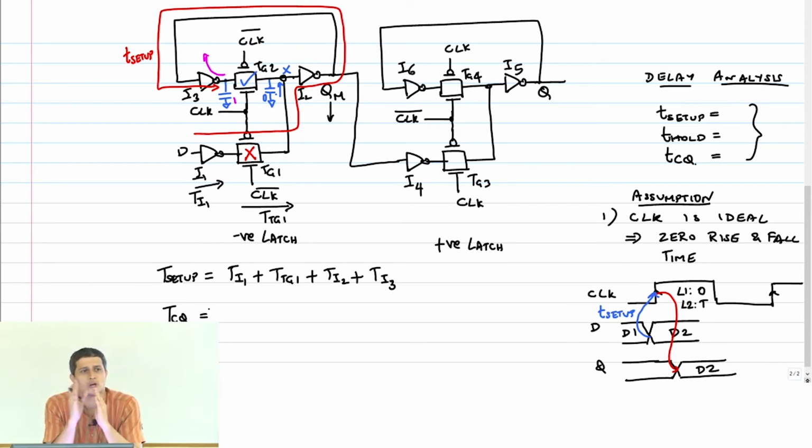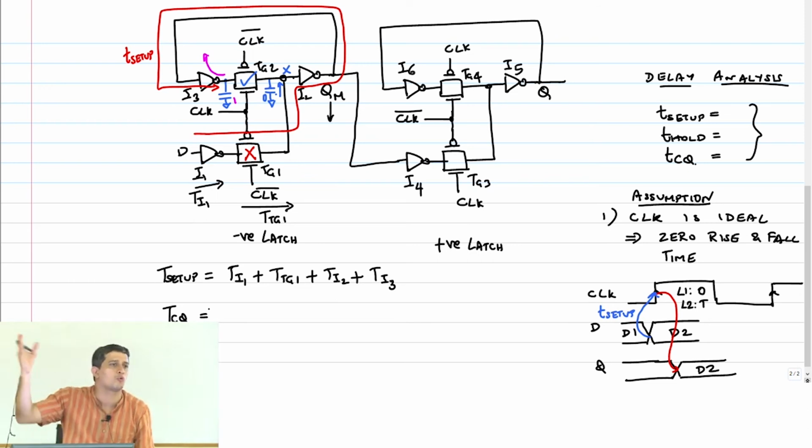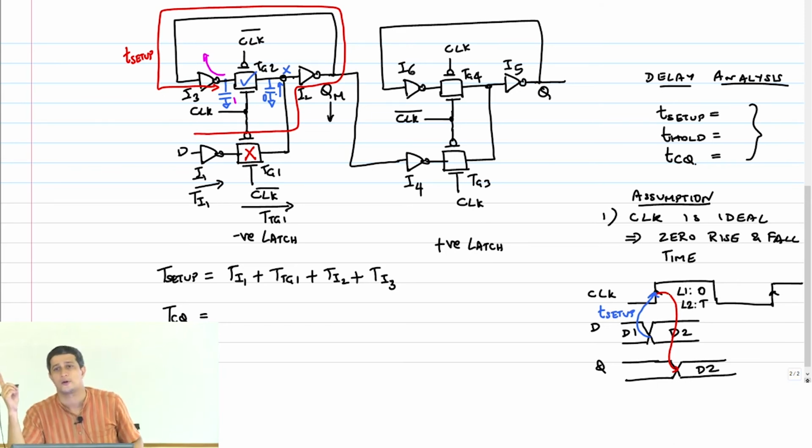Right? So remember, by imposing a setup time constraint, we have ensured that the data has settled even in the intermediate node somewhere to some value, to the right value. So all we have to see is how long does it take for data to propagate from that intermediate node to the output correctly after the clock goes high. Remember, now the clock has gone high, which means L1 is opaque, L2 is transparent.